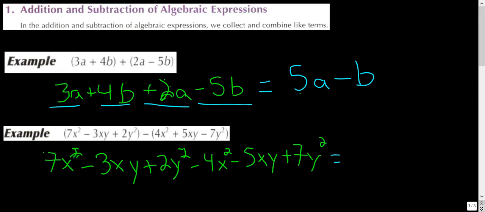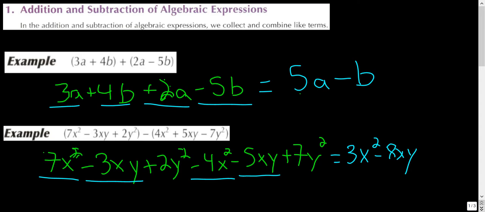We've got 7x squared minus 4x squared makes 3x squared. We have negative 3xy and a negative 5xy makes negative 8xy. And then we have a 2y squared and a 7y squared makes a positive 9y squared. So that's how we handle adding or subtracting these.